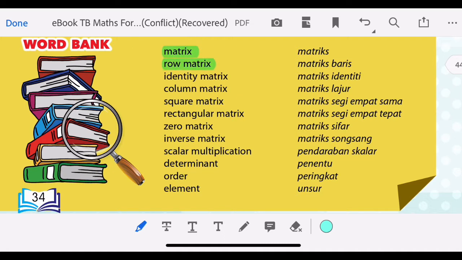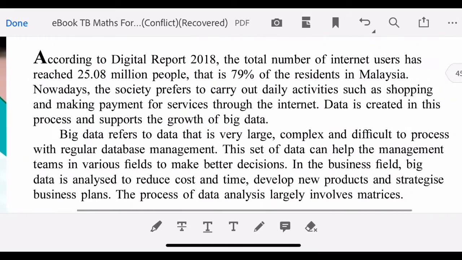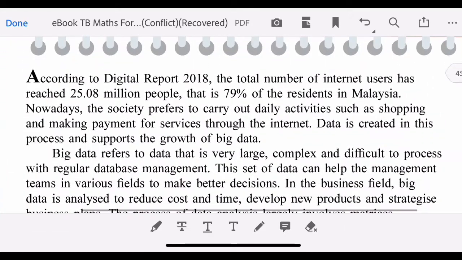Row matrix, identity matrix, column matrix, square matrix, rectangular matrix, zero matrix, inverse matrix, scalar multiplication, determinant, order, and element. So all these are important keywords in this topic. Now let's proceed to the story about the matrix.